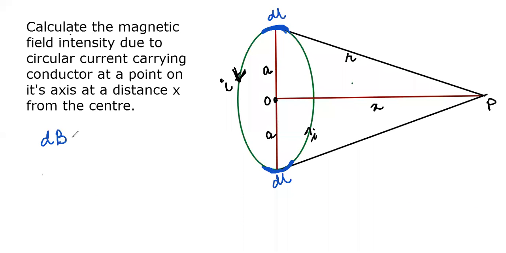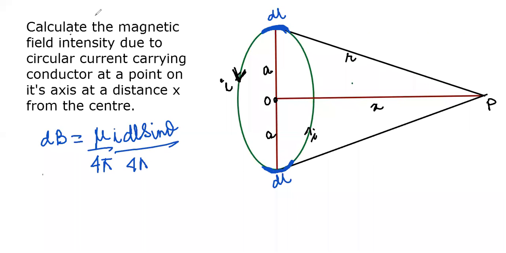We'll be using Biot-Savart law, where dB is equal to mu by 4 pi I dl sine theta divided by r square, so this is your dB.